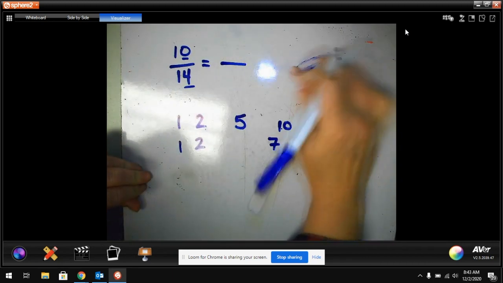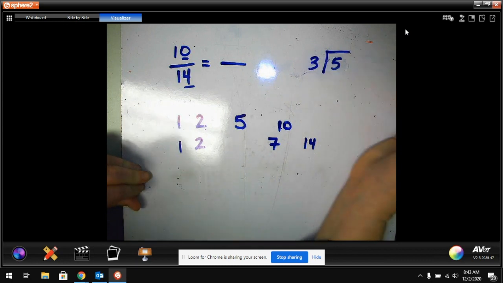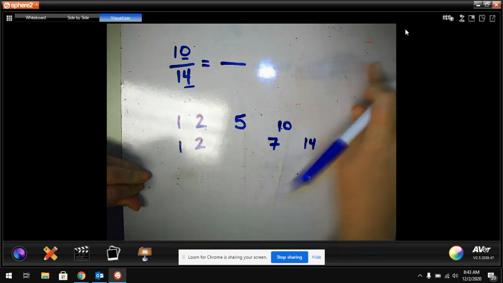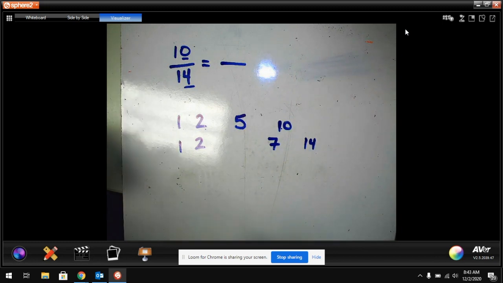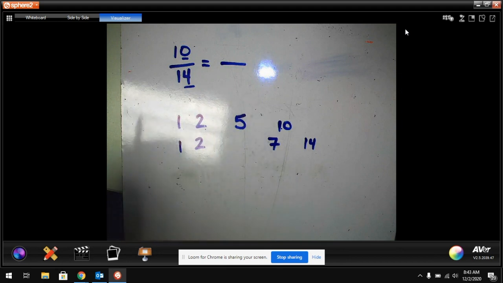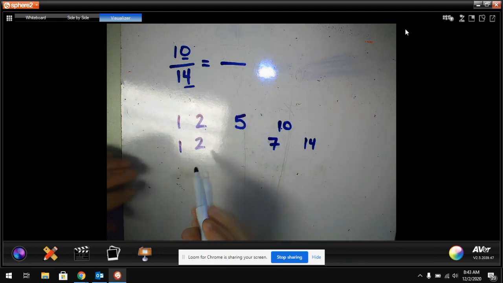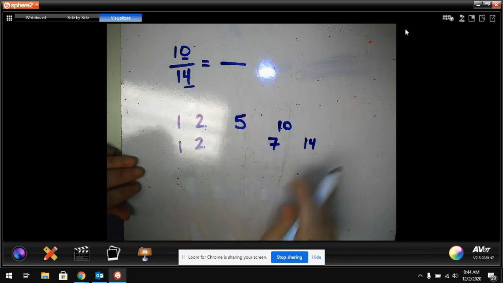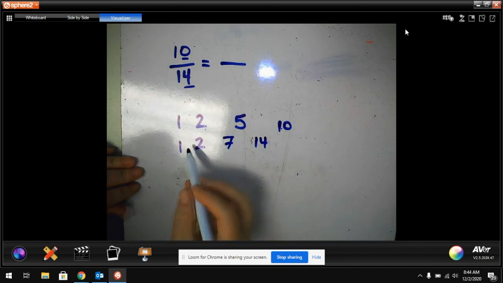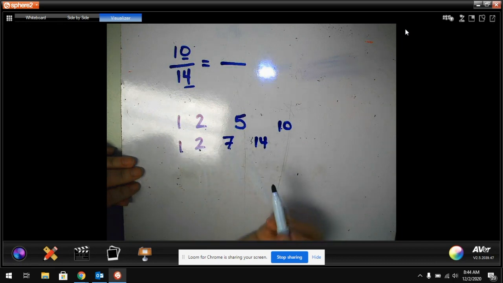If 3 can go evenly into 5, then 3 is a factor. 3 cannot go evenly into 5, so 3 is not a factor in this case. It does not end in a 5 or 0, so neither 5 nor 10 is a factor. So we are complete. All the factors are 1, 2, 7, and 14. 1 times 14 and 2 times 7.